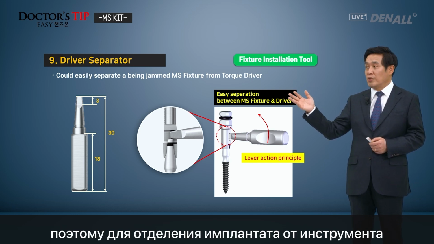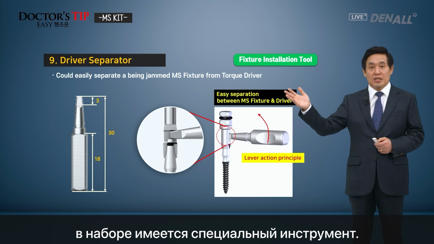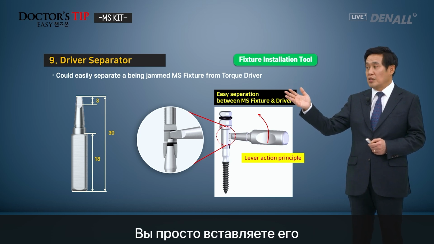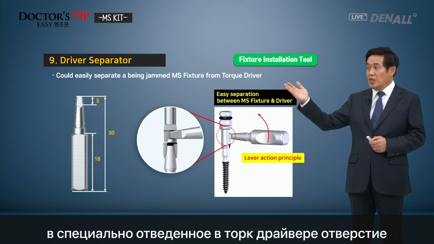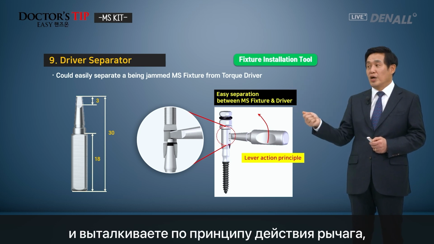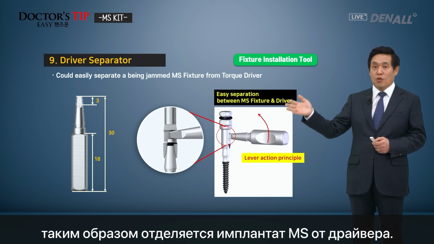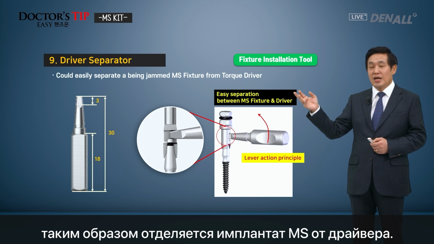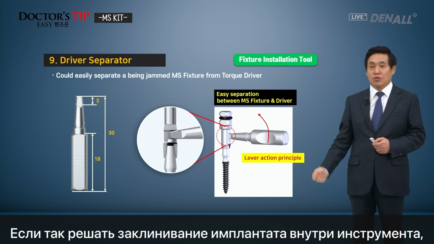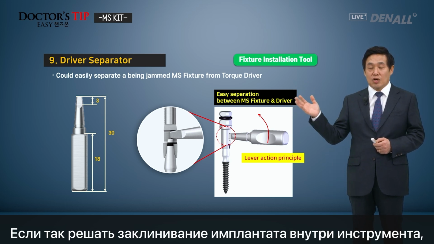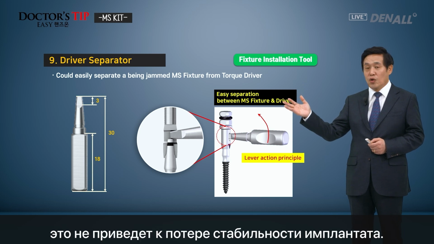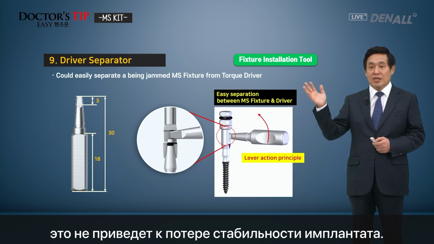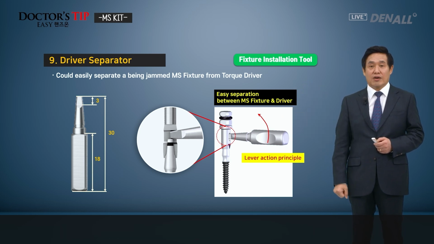So for the separator, we have a special tool. If you have jamming, you just put it in and take it out using the lever action principle, then very easily the fixture and driver can be separated. So that's how it's designed. So even if there's a jamming, very safely, it doesn't hurt fixture stability.